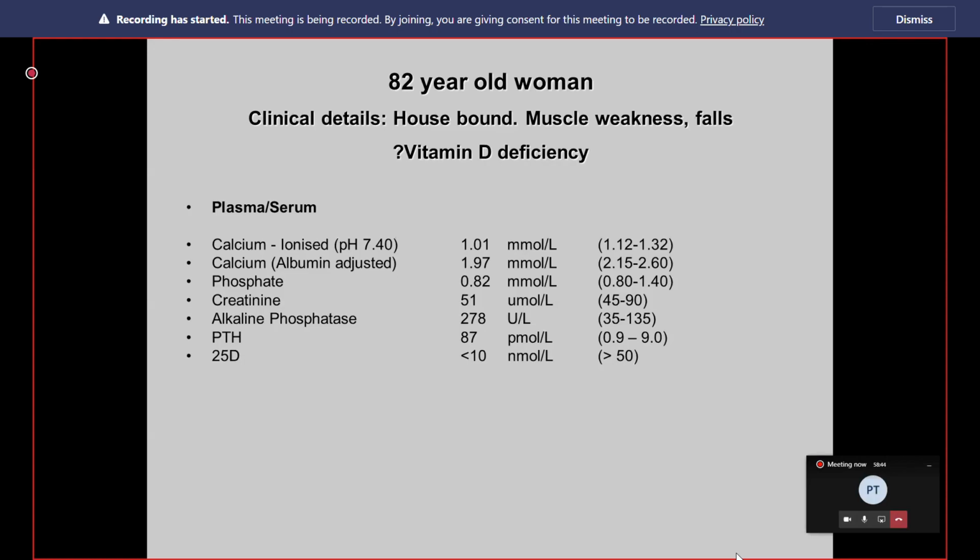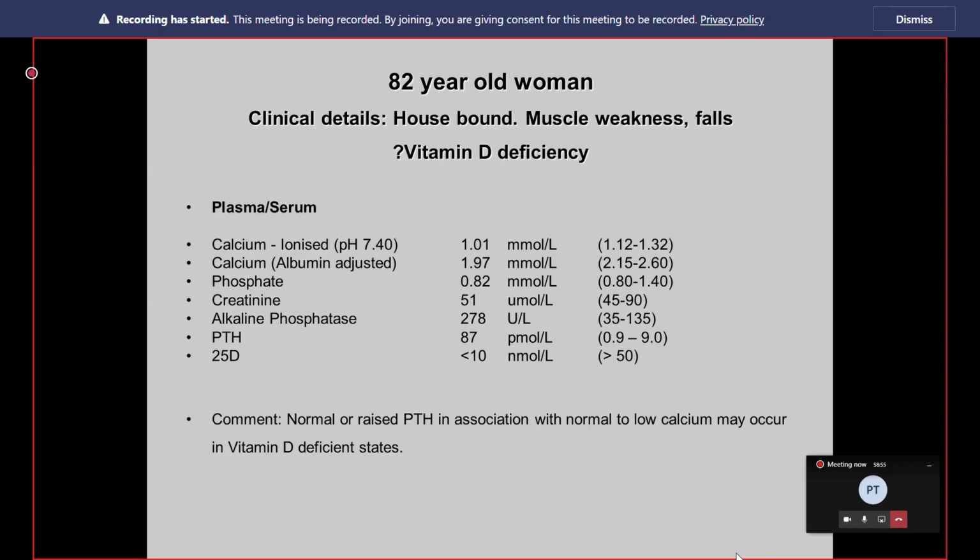And these patients can present with osteomalacia, but more often they present with osteoporosis and/or fracture. They also have falls due to muscle weakness due to vitamin D deficiency. So in this comment, we say normal or raised PTH in association with normal to low calcium may occur in vitamin D deficient states, because we don't always see a raised PTH or a low calcium in vitamin D deficiency.